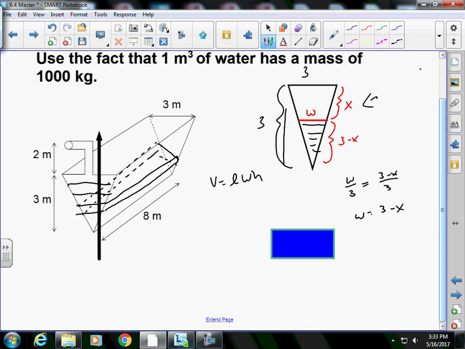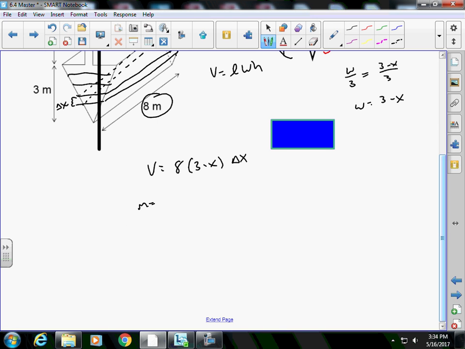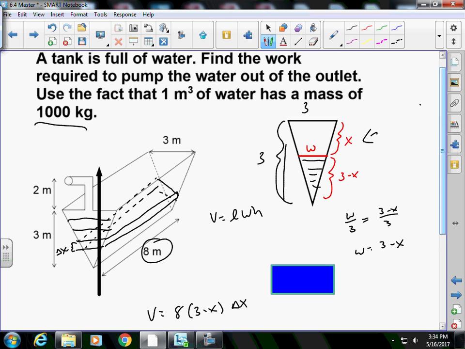We said volume is equal to length times width. Well, here's my length, so volume is equal to 8, my width, 3 minus x, my height is delta x, because it's the thickness from here to here. We're going to make the slabs almost invisible, so it's a delta x. So now let's do this. My mass is 1,000 because it's telling me here that 1 cubic meter of water has a mass of that.